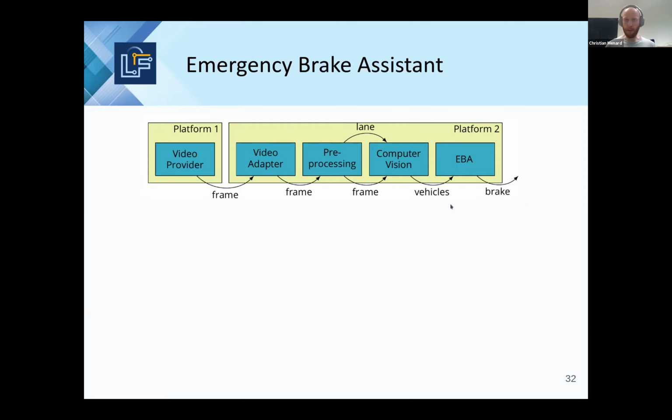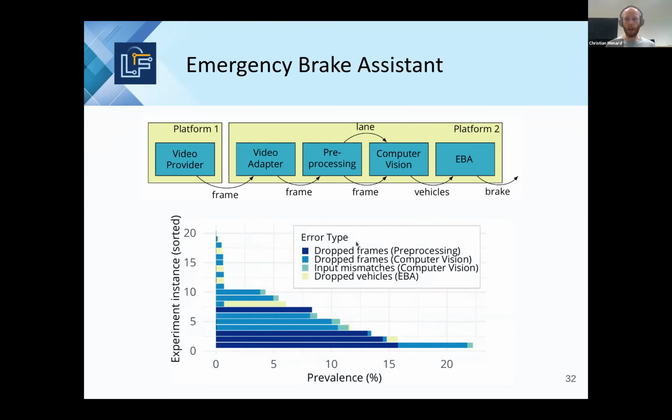Now, obviously, we want this to work correctly, and we don't want any weird timing errors in this kind of program because it's really critical. Well, there are plenty of those timing errors in this demonstrator, as we found. I don't want to go into the details of the precise nature of these errors right now. Just to give you an idea, this is an experiment where I ran this demonstrator 20 times one after another, and I measured how often these different kinds of errors occur.